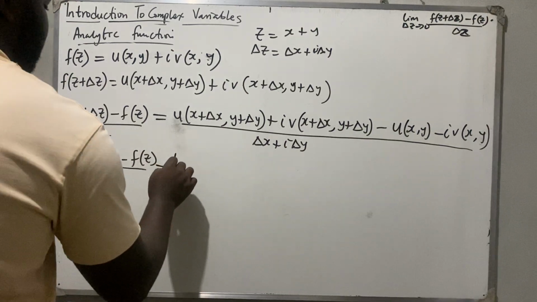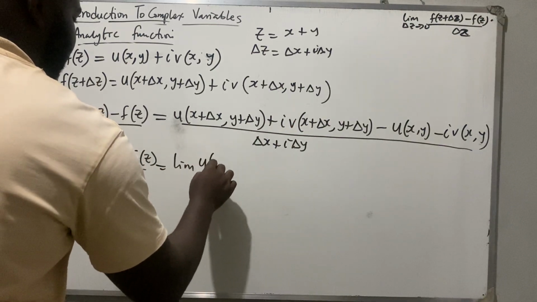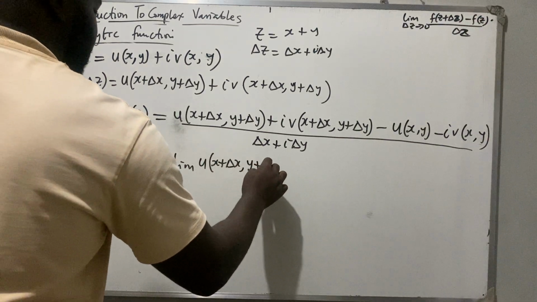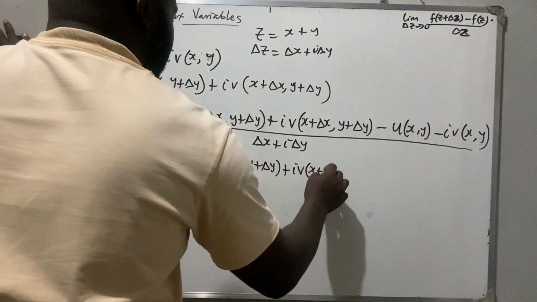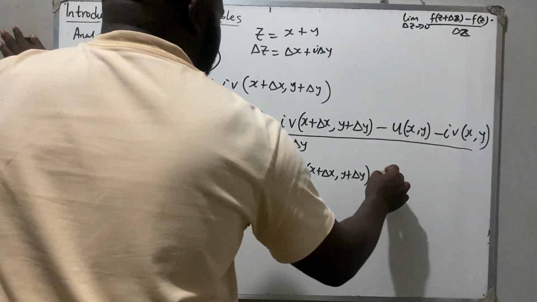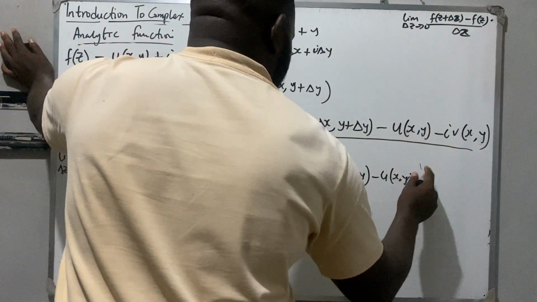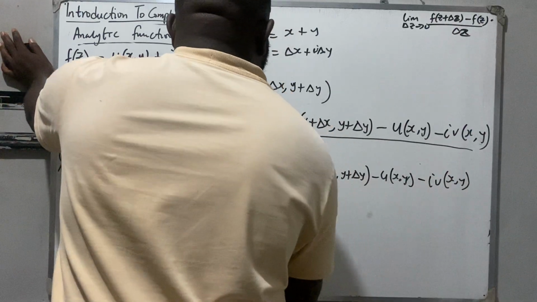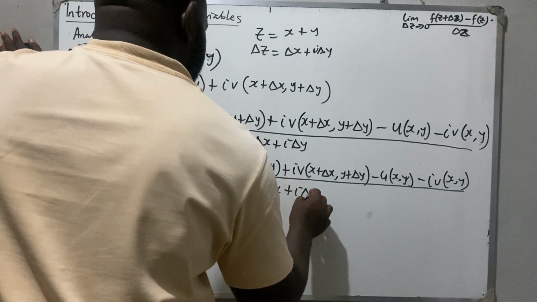This is equal to the limit of u in bracket of x plus delta x, comma, y plus delta y, plus iv in bracket of x plus delta x, comma, y plus delta y, then minus u of x, comma, y, then minus iv of x, comma, y, all over delta x plus i delta y.